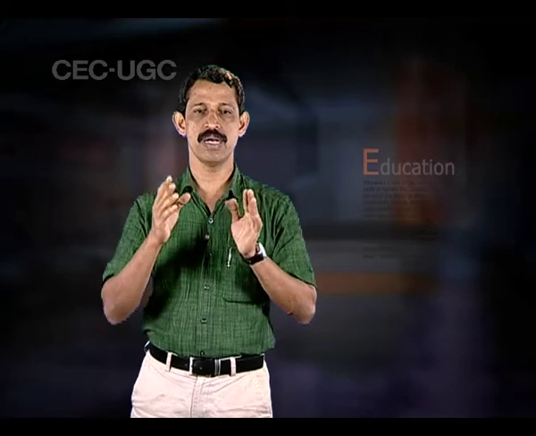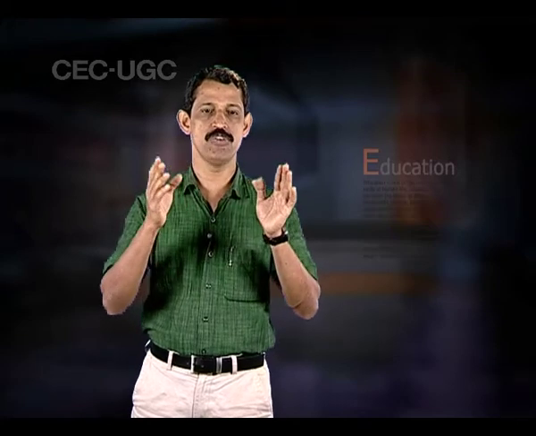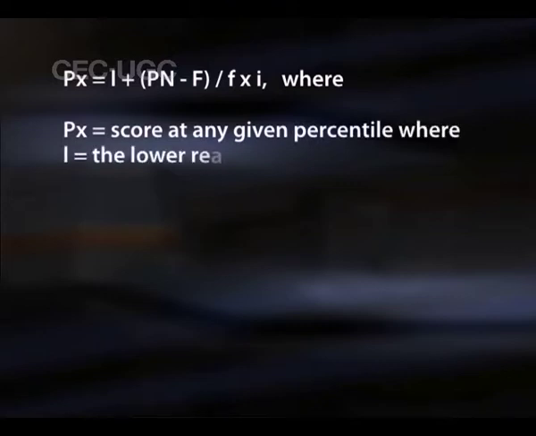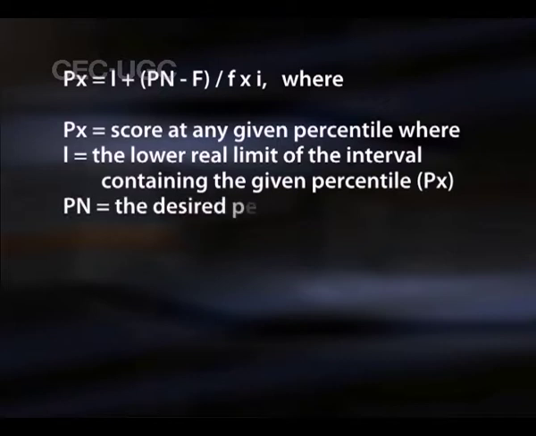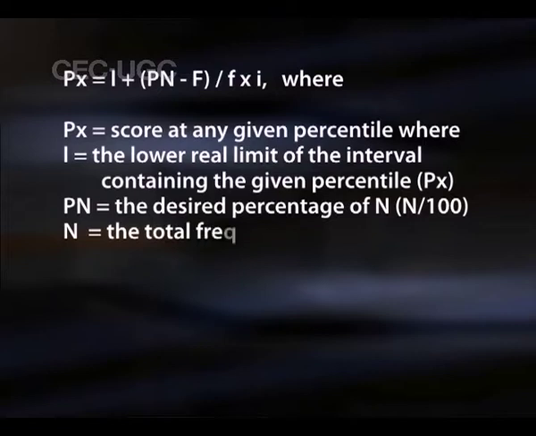The general formula which can be used for any value of Px is equal to L plus Pn minus capital F divided by small f into i, where Px is the score at any given percentile, where small l is the lower real limit of the interval containing the given percentile Px.